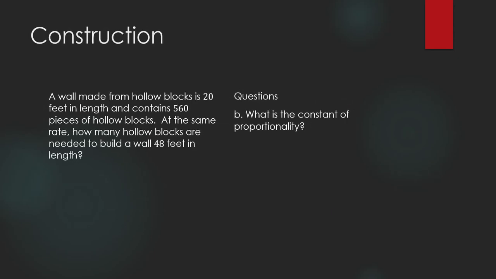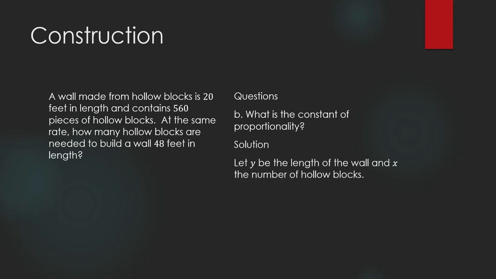What is the constant of proportionality? How the constant of proportionality will appear depends on how you will define your variables. Let y be the length of the wall and x the number of hollow blocks.